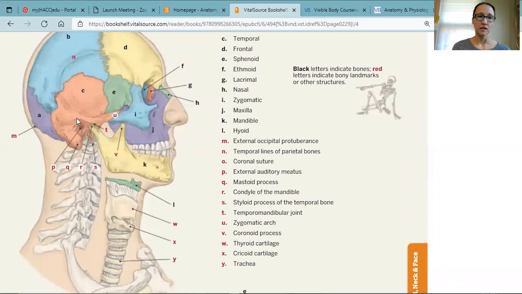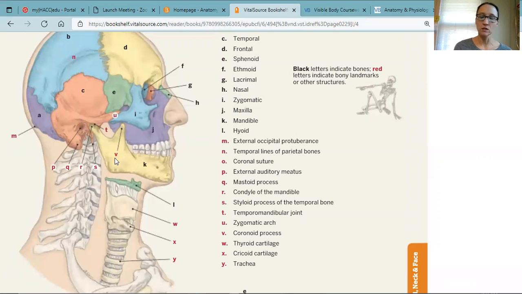You even have the zygomatic arch here. All right. So I is the zygomatic bone, and then this U is the zygomatic arch. It is actually made up of zygomatic bone and temporal bone. Okay. So it's both. The arch is both.